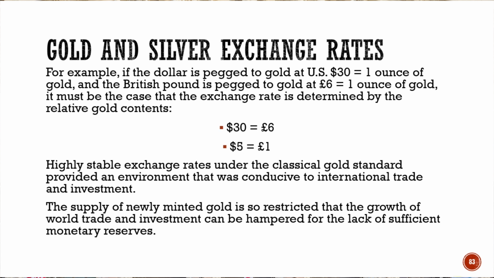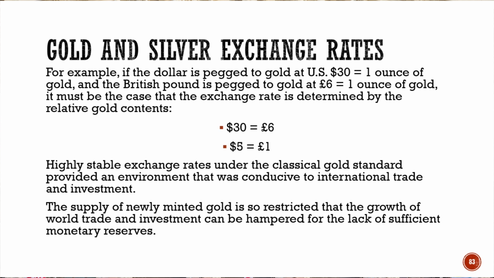And at the same time, you could also convert 6 British pounds into 1 troy ounce of gold. And by using these two numbers, you could say $30 is equal to 6 pounds. And to simplify that, then $5 will equal 1 British pound. And that's the way exchange rates worked. Or you just had a bag filled with gold and silver and used that.